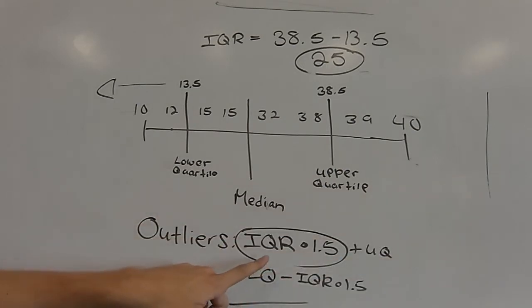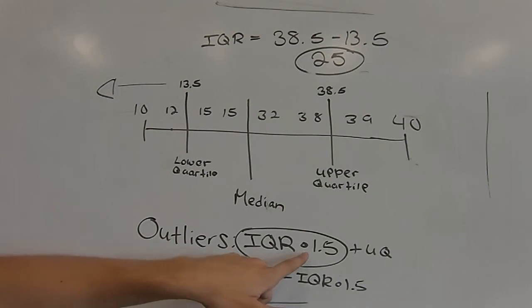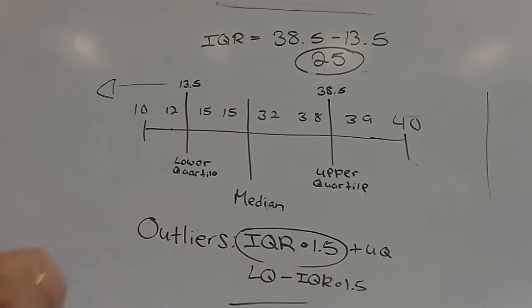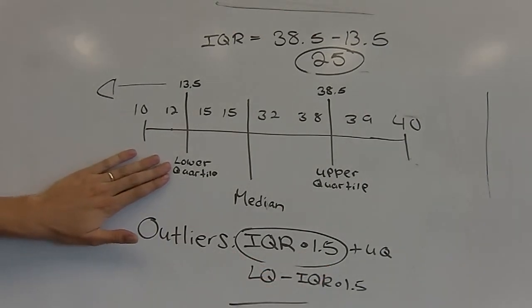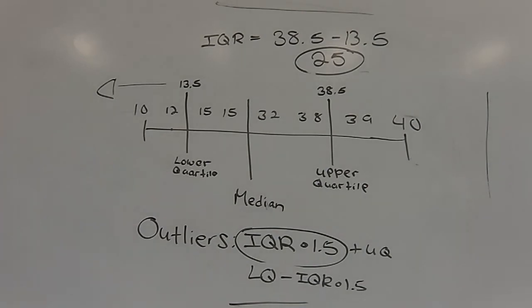You're then going to take that same inner quartile range, multiply it by 1.5, and now subtract it from the lower quartile. If anything is below that number, it is also an outlier. There are two types of outliers. You can have outliers on the lower end, you can have outliers on the upper end. So you need to test to see if you have outliers on both ends, like I just explained.